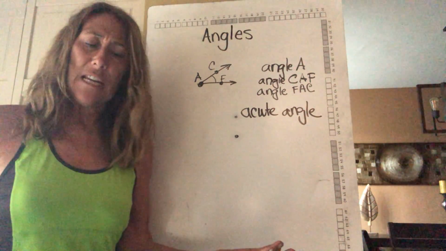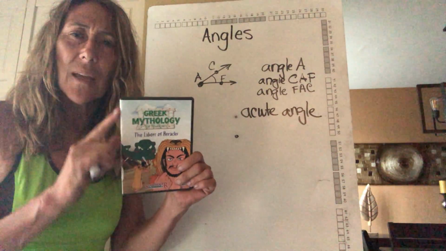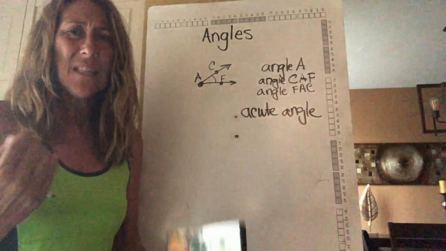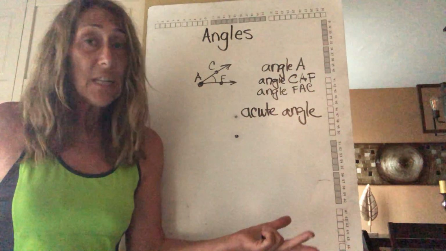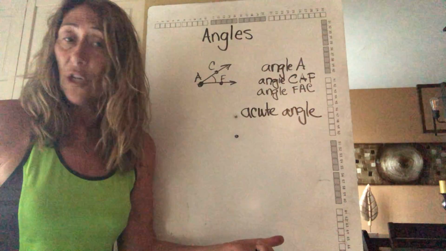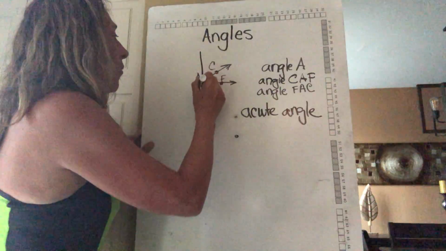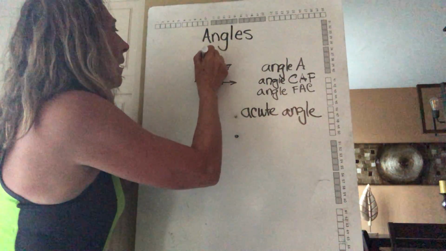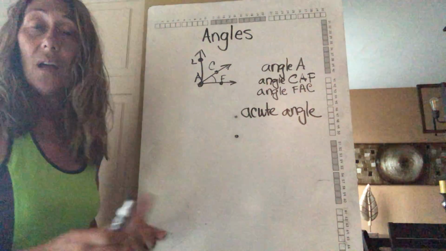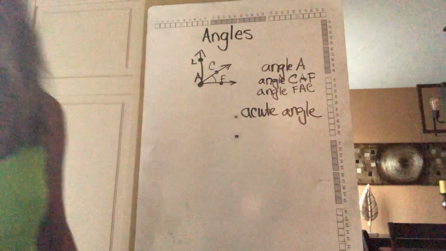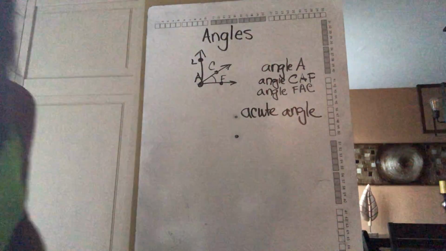90 degrees? What's 90 degrees? 90 degrees is like the corner on a book. It's the corner on your paper. It's the four corners on a square. In fact, it's the perpendicular lines that we just learned about. So if I were to make one ray going straight up, I'll call that L. Now I have a 90-degree angle. And I'm going to get a different color just so it shows.